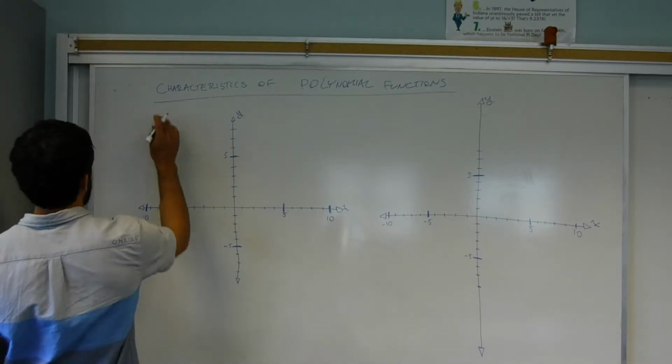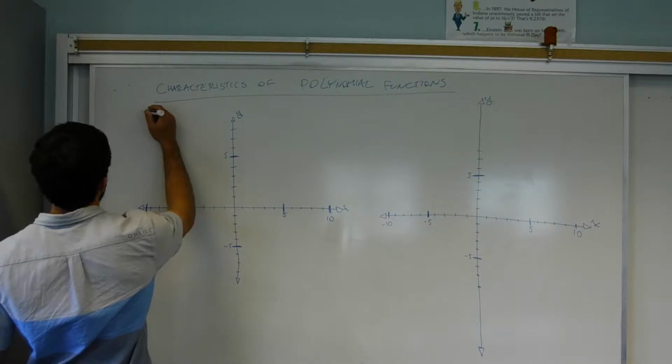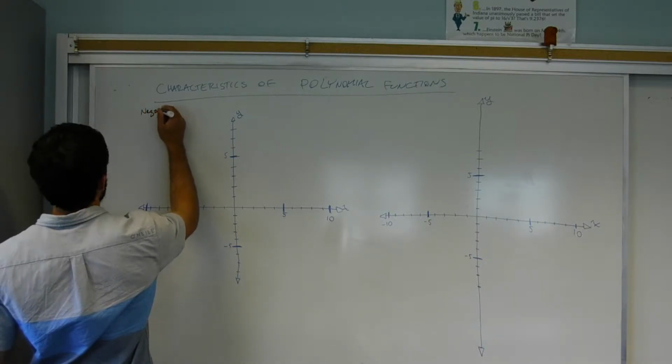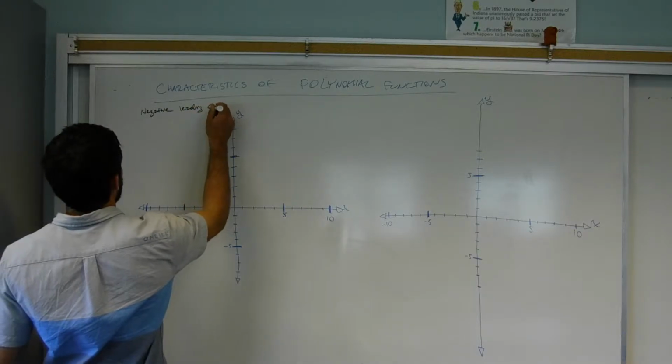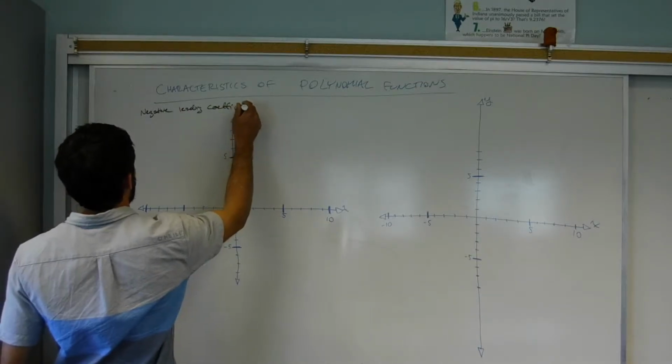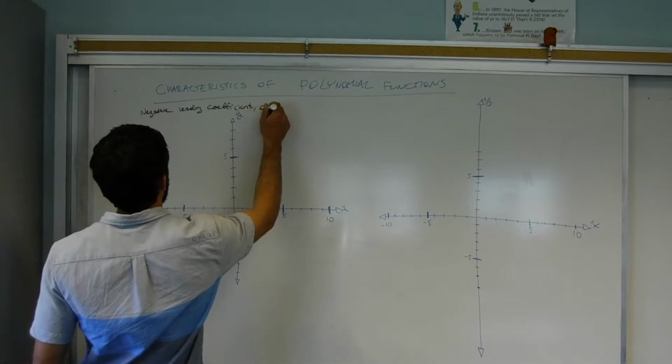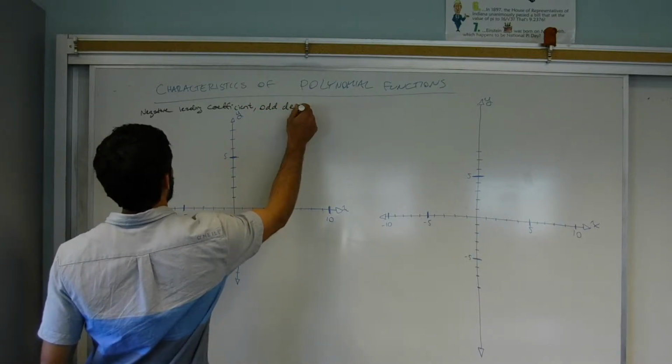So first, let's look at a function with a negative leading coefficient and odd degree.